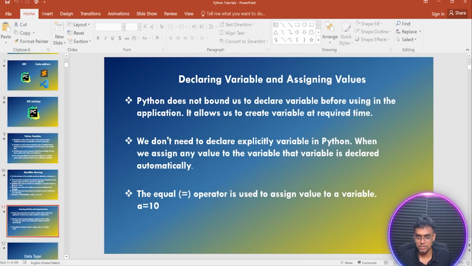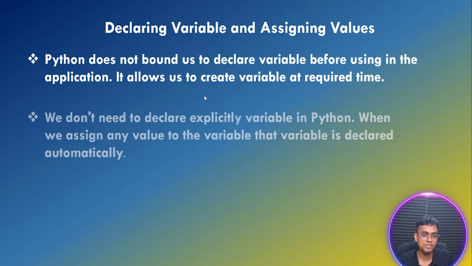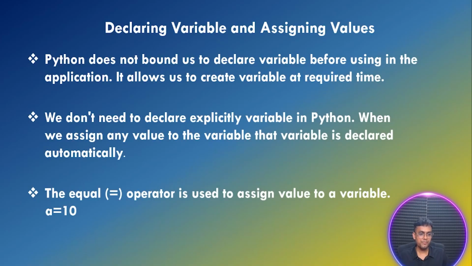This is the last part of this. The equal operator is used to assign a value to a variable, a = 10. This means you assign the value 10 to the variable a.